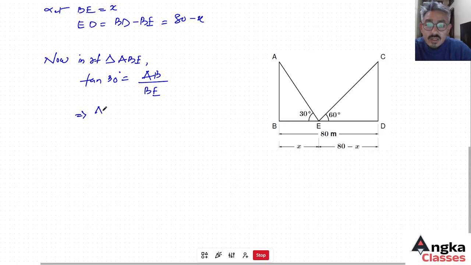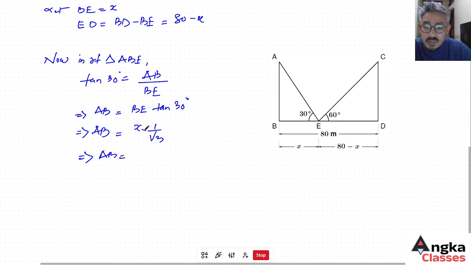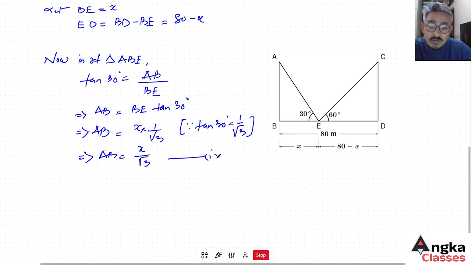Nadra adu itadi AB is equal to BE tan of 30 degree. Nadra, so we have AB is equal to BE is equal to X, then tan 30 is 1 by root 3. Nadra, so we have AB is equal to X by root 3. So tan 30 degree is equal to 1 by root 3. So AB is na equation 1.